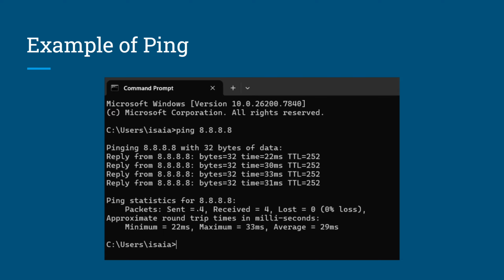So we sent 4 packets, we received 4 packets, and we lost 0, also known as a 0% loss. And it gives the round trip time of the whole trip, which is a pretty good connection, especially seeing that we sent 4 and received 4 packets, which means that the network connection over to 8.8.8.8 is pretty good.